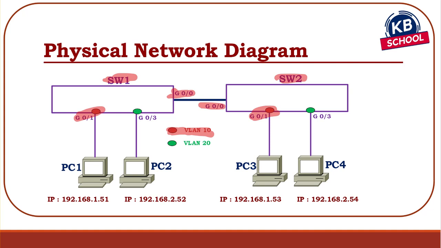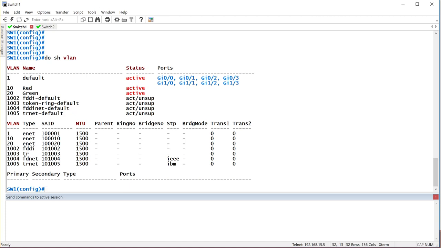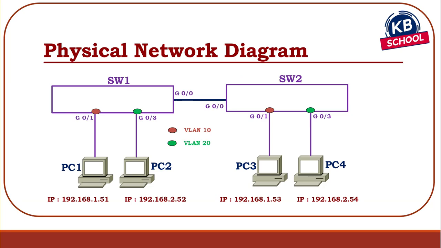All right. So how do I create an access port? We've also looked at that in the lecture video, but let's do that over here. So as I can see from my physical diagram, I need switch 1, gig 0/1 to be part of VLAN 10, switch 2, gig 0/1 to be part of VLAN 10. That's what I'm going to do over here.